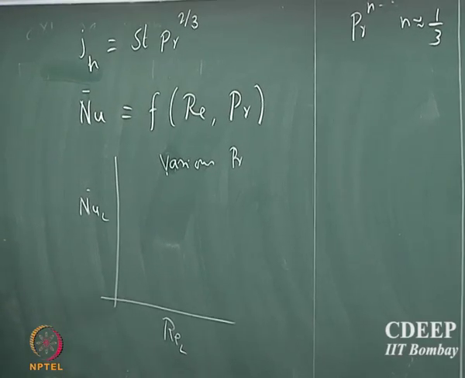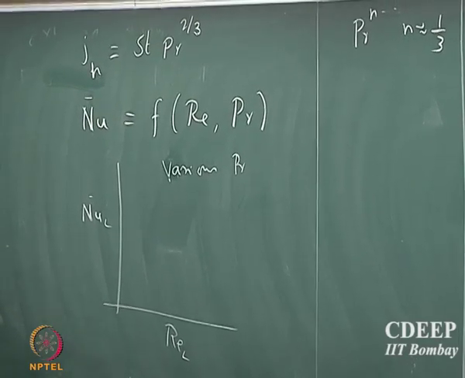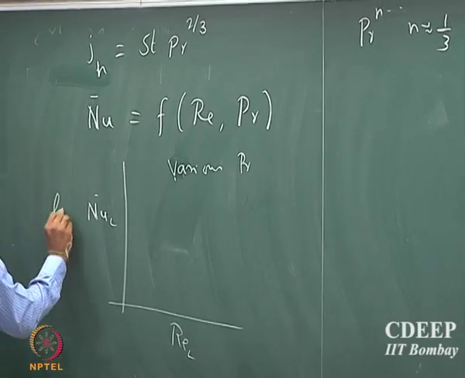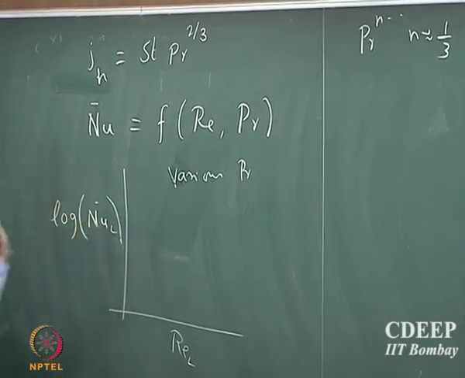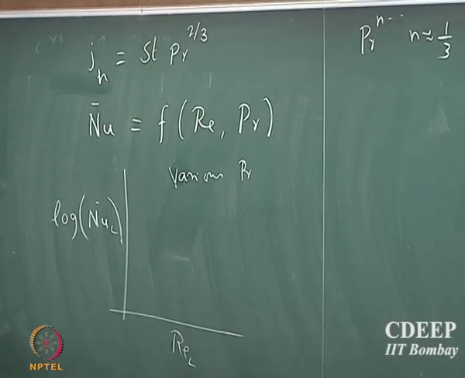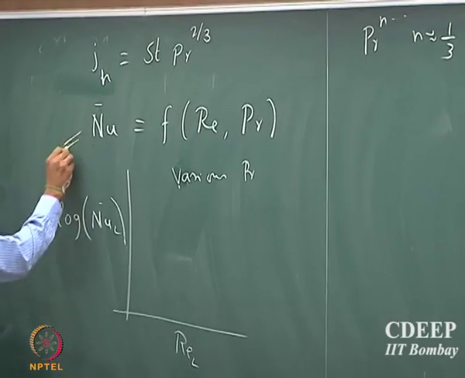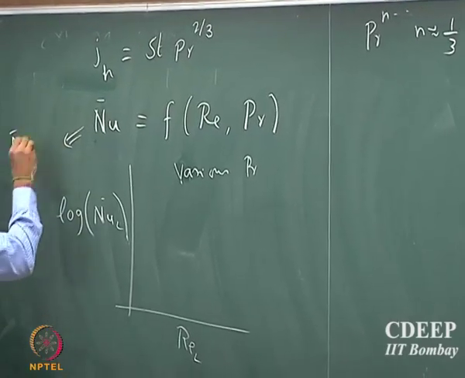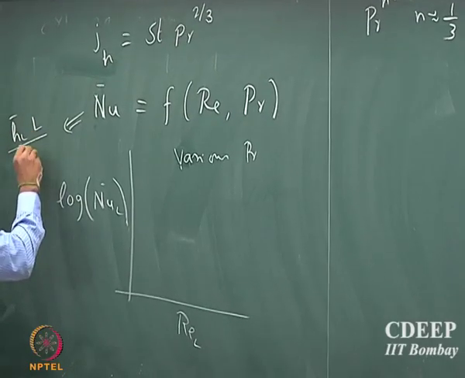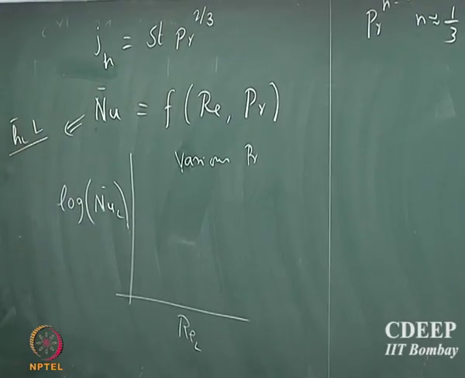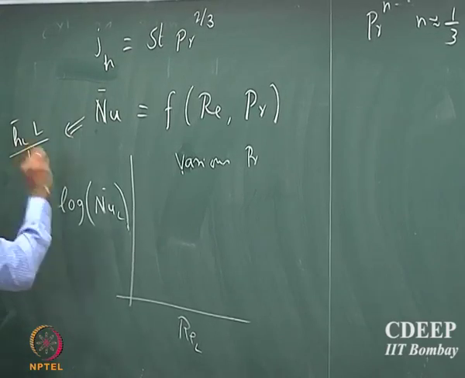So, you can repeat these experiments n number of times, and so what they did was they made a plot of log of this average Nusselt number. So, note that average Nusselt number is h-bar L, the length of the plate, divided by Kf, the conductivity of the fluid, okay.